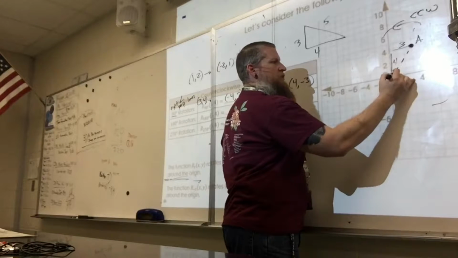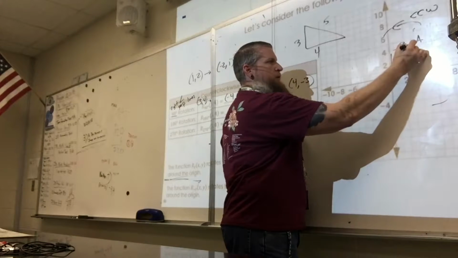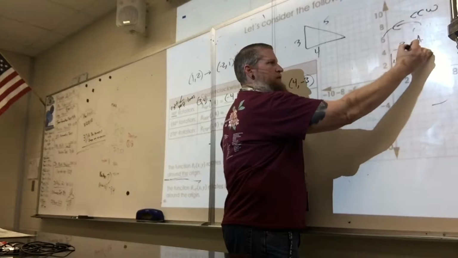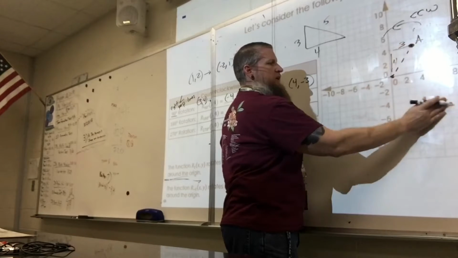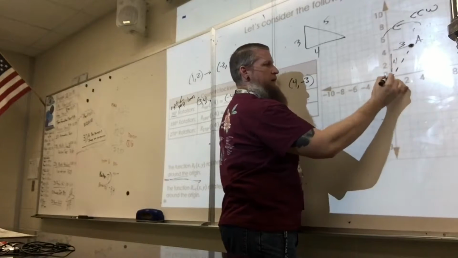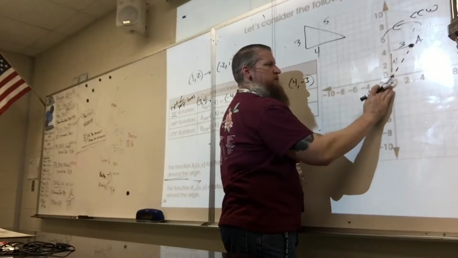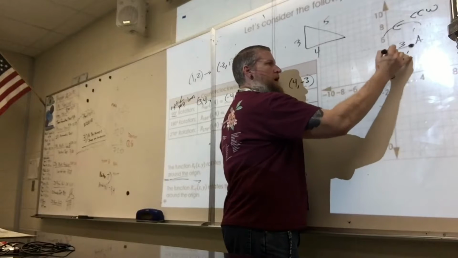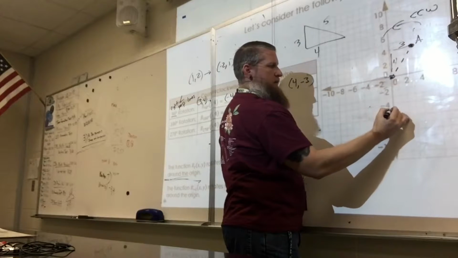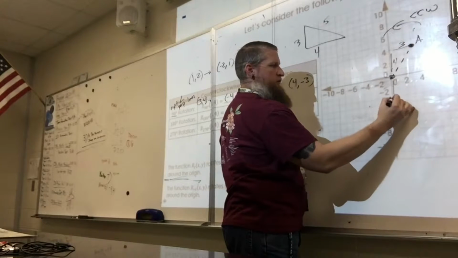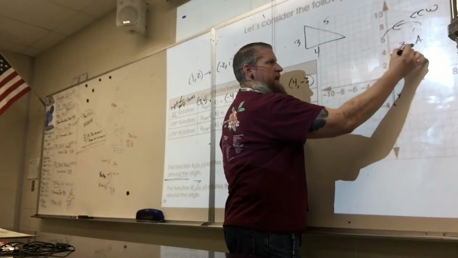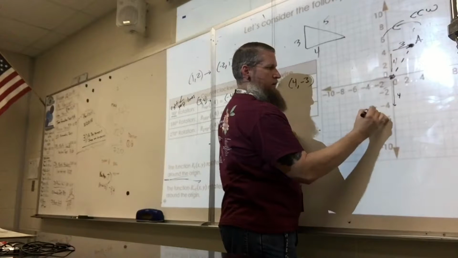I'm still going to use the idea that this point from the origin where I started was 4 up and 3 over to the right. So I'm going to go the opposite directions. I'm not going to switch the signs because I want it to be directly opposite. So instead of going 4 up, I'm going to go 4 down, and then to the left 3 instead of to the right.